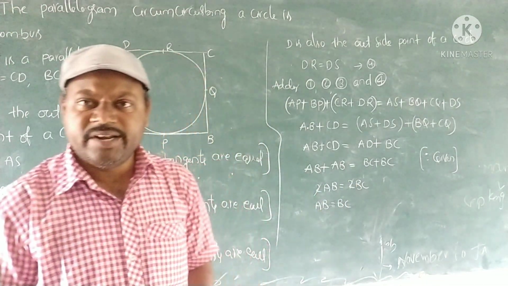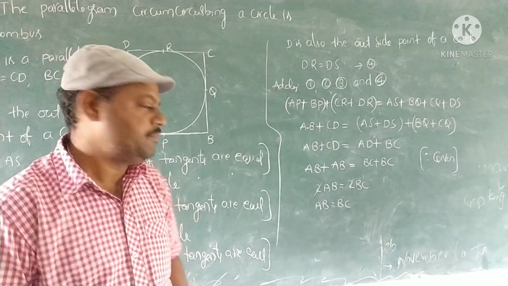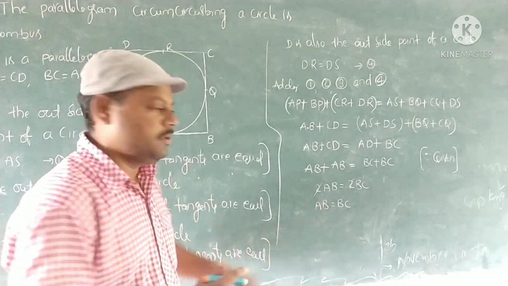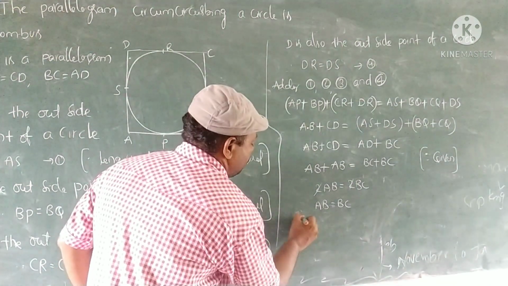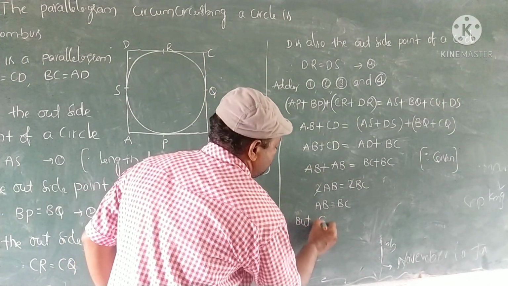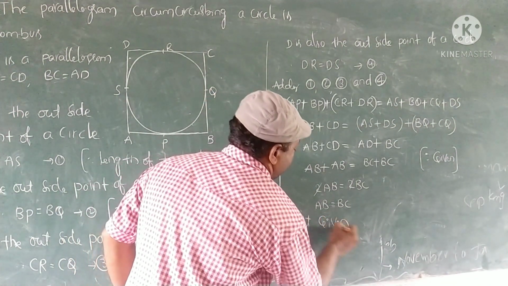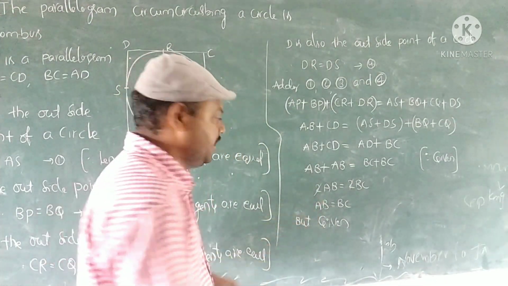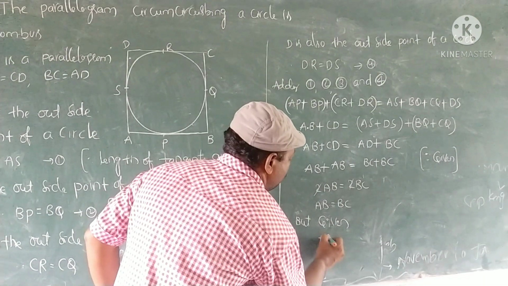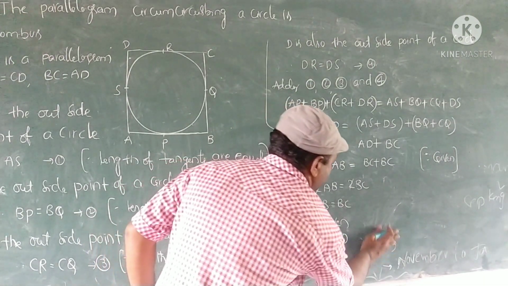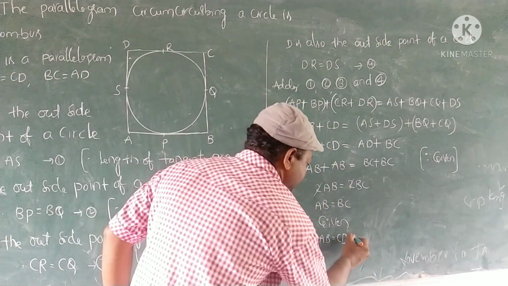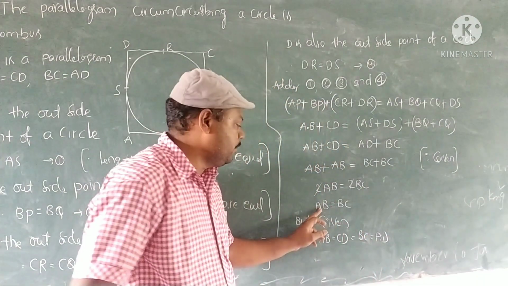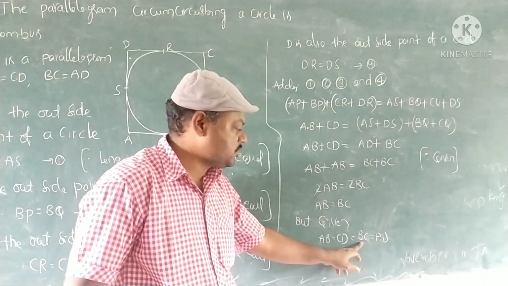But according to the given condition, AB also equals CD. So AB equals CD, and BC equals AD.